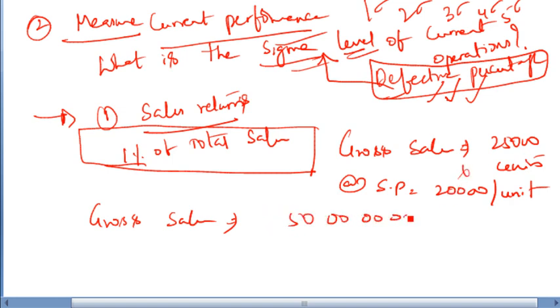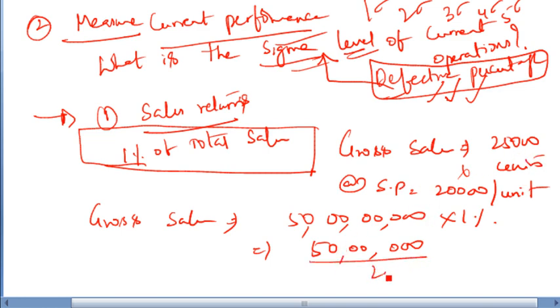Now, if 1% is sales returns, it comes around 50 lakhs, isn't it? Which means, you divide it by the selling price per unit, and you'll get almost 250 units. That's the value of sales returns.